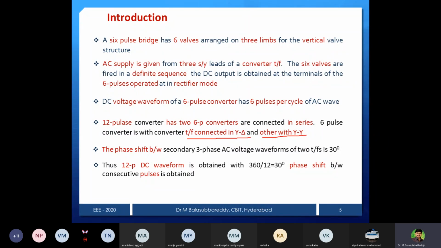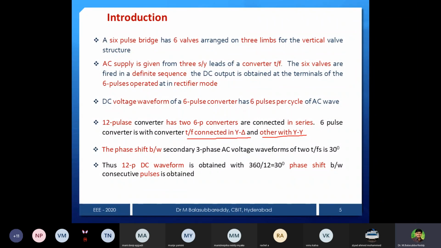So if you increase the pulse number, automatically your waveform will be smoother, as well as the ripple frequency will be high. Therefore ripple magnitude will be minimized and the filtering requirement also will be minimized if you use this.